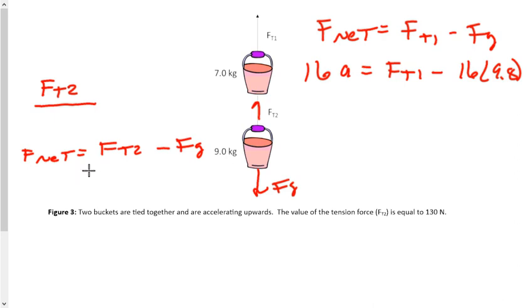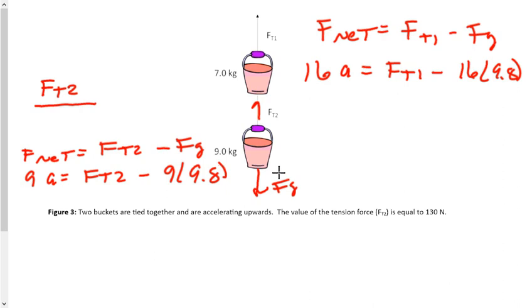Then force tension 2 is only asking about the 9 kilogram object, so I'm going to say 9a equals force tension 2 minus 9 times 9.8, because remember, force gravity is mass times 9.8.